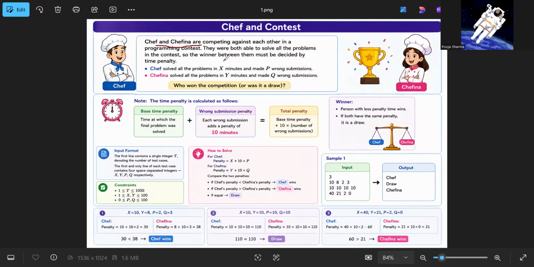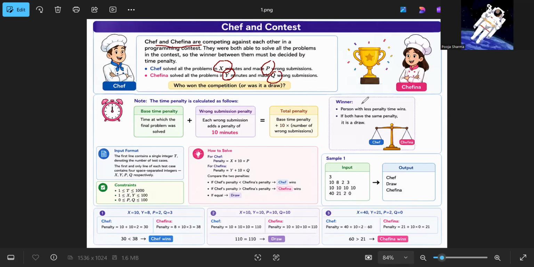Chef solves all the problems in X minutes, and he makes P wrong submissions. Chefina solves the problems in Y minutes, but she made Q wrong submissions. You need to print which one is the winner, either Chefina or Chef, or if both are equal, you need to print draw. Now, how will we do this?